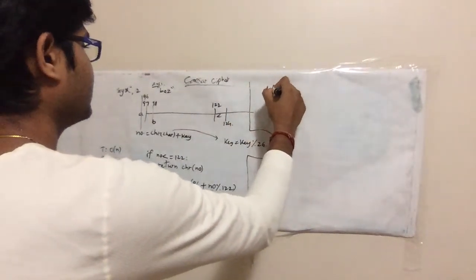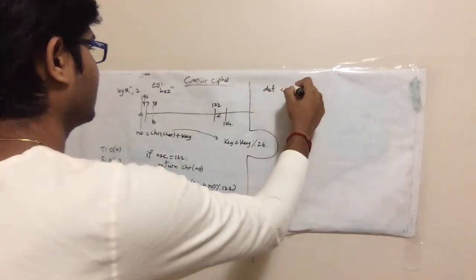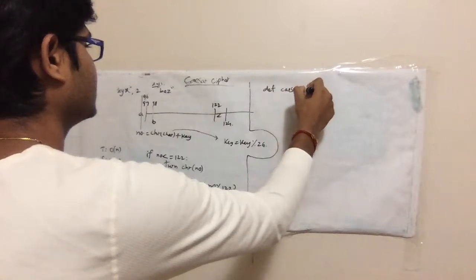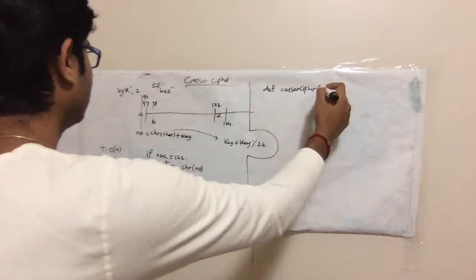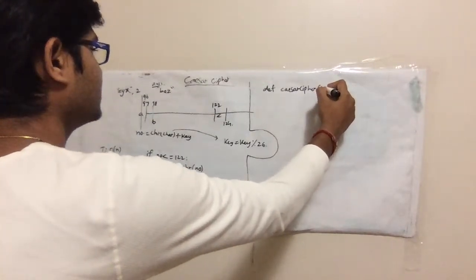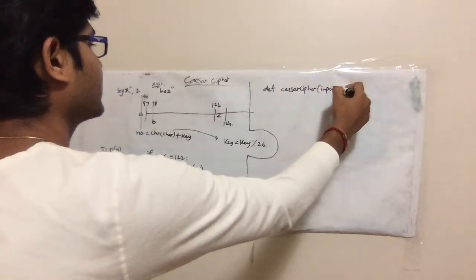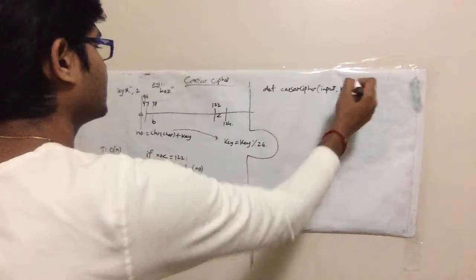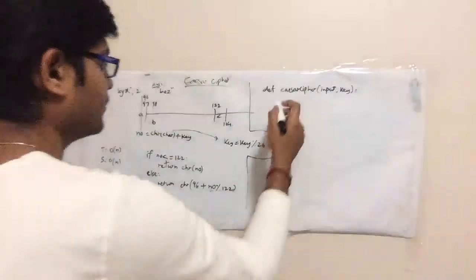So def, I will call it caesar_cipher, which takes two parameters. One is the input string and the other is the key. Okay, so what needs to be done?